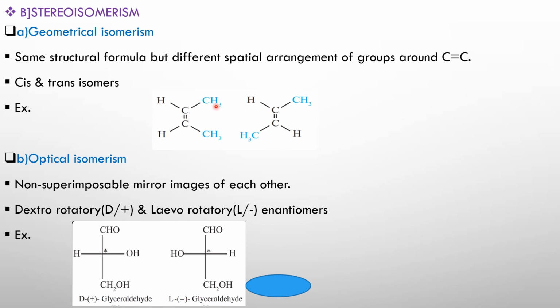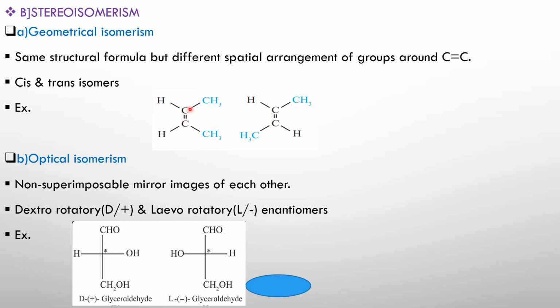butene. In this case there are two isomers observed, cis and trans. They are called cis and trans. Cis means similar and trans means different or opposite. So what is the example? Butene. Both of these molecules are butene.